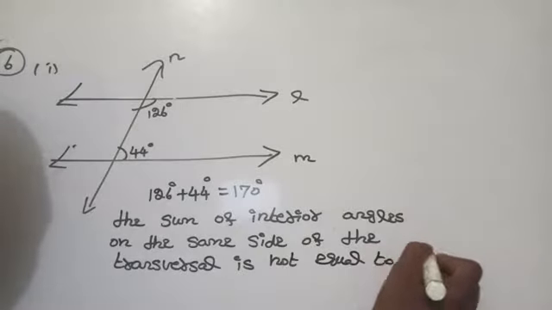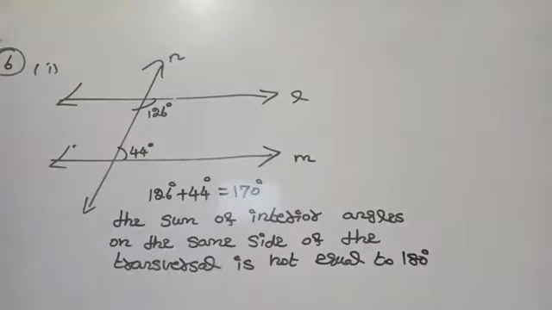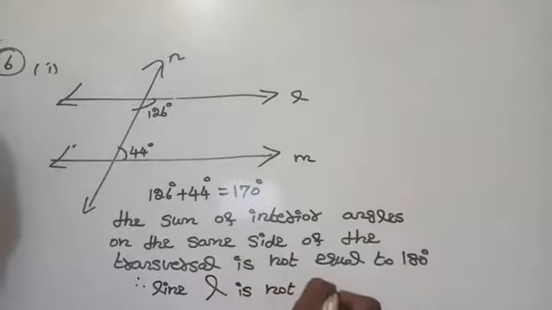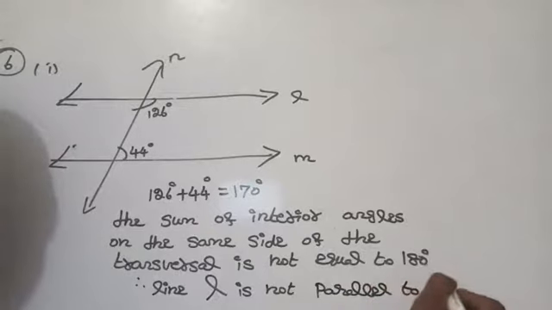Therefore these two lines are not parallel. L is not parallel to M. Are you getting here? Therefore line L is not parallel to line M.